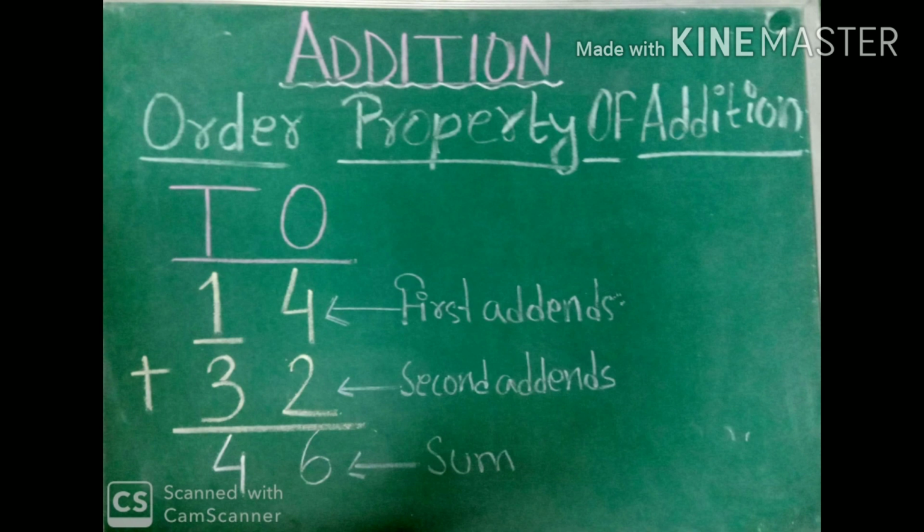Now we add the tens column. 1 plus 3 gives us 4. So our answer is 46. This 46 is the sum. By adding 14 plus 32, we get 46.